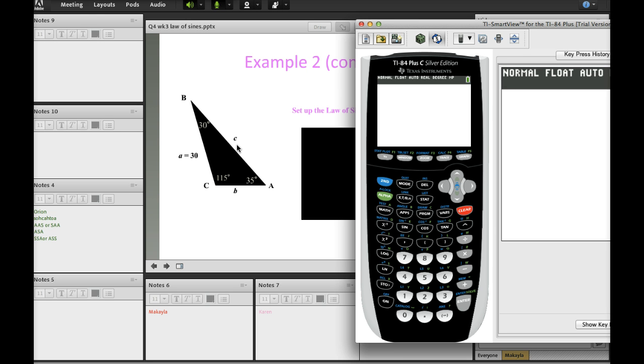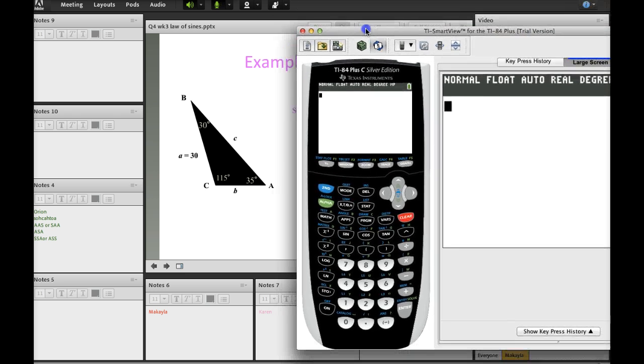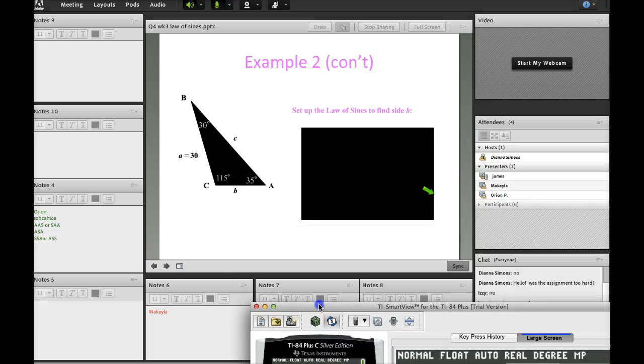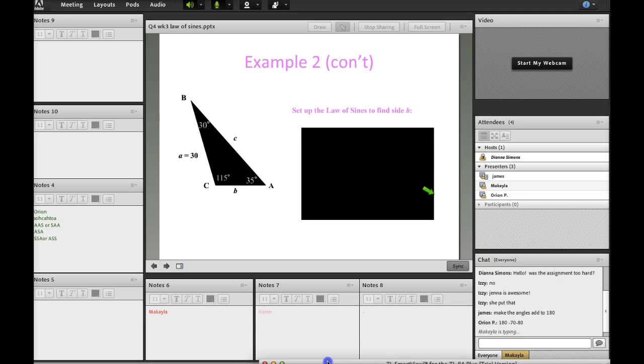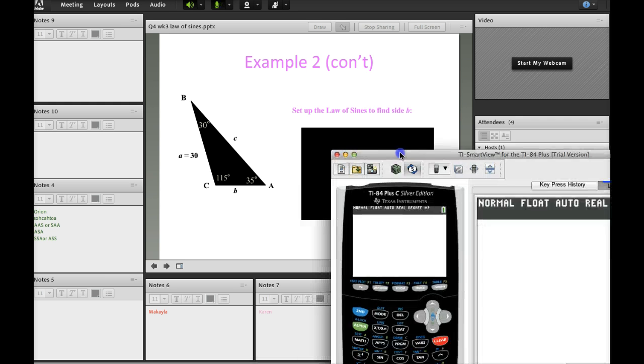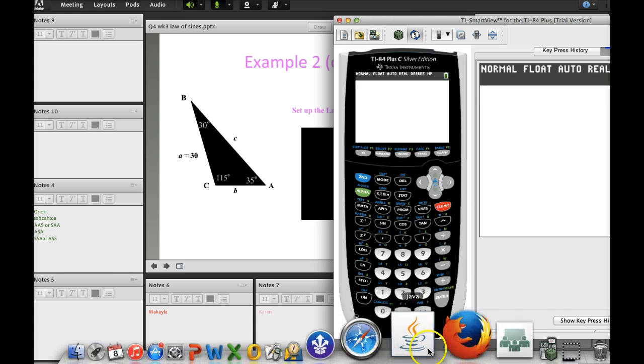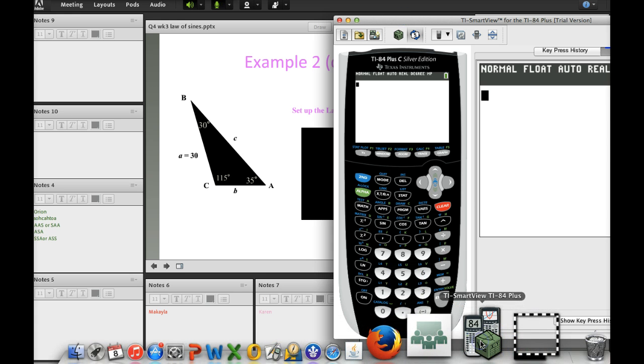Pardon me? Oh, you can't see it? It's on here. Do you guys see my calculator? Michaela. No, my calculator is right here.